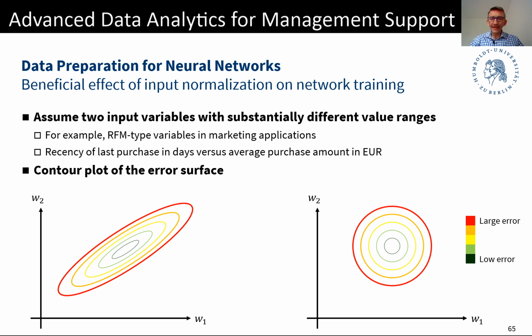And if we scale our data on the other hand, and both features exhibit a similar value range, the error surface would look more as shown in the right plot. And now the natural question is, so what? So we have a different shape of the error surface if we normalize or if we don't normalize.